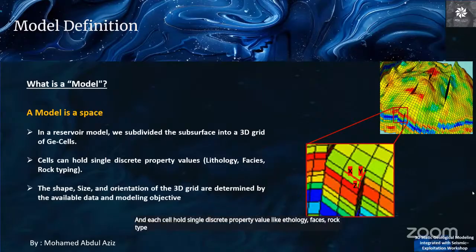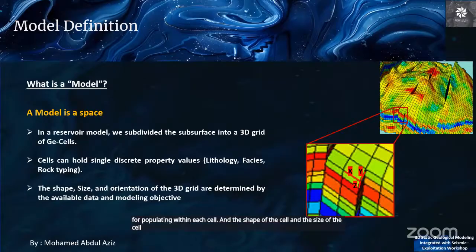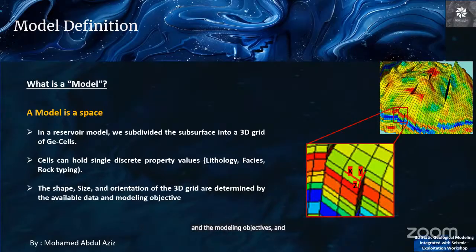Then we go for the continuous property for populating within each cell. And the shape of the cell and the size of the cell, in addition to the orientation of the 3D grid, are determined by the available data you have and the modeling objectives, and that we are going to illustrate in the next slides.